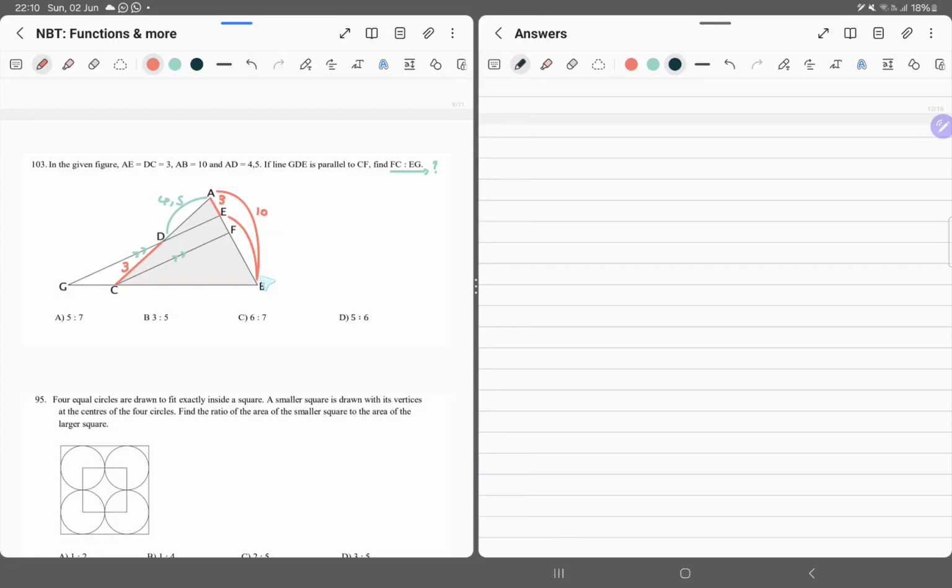So if this is 3 units, it means EB is going to be 7 units, isn't it? Because 10 minus 3 is 7. But now we still don't know what FB is. Our problem is FB and EF. So we need to find EF at least, because we can find FB easily.